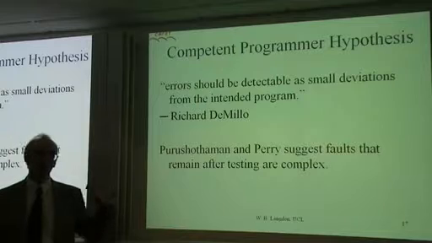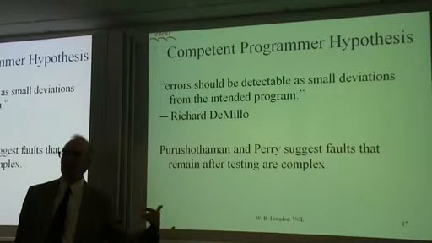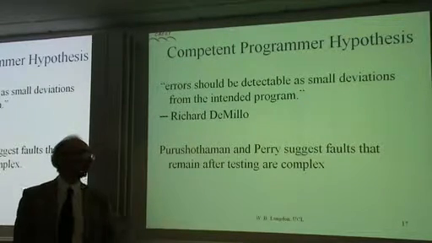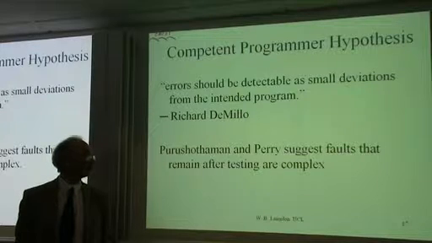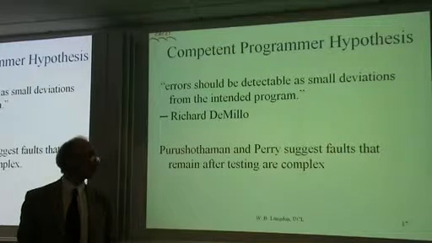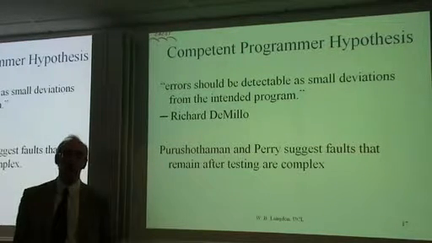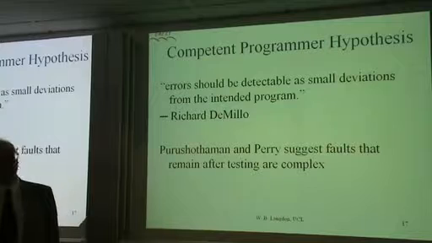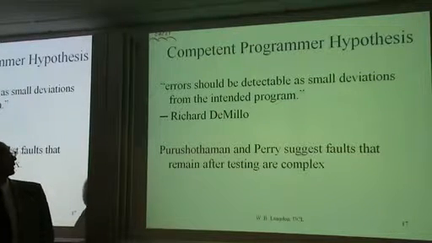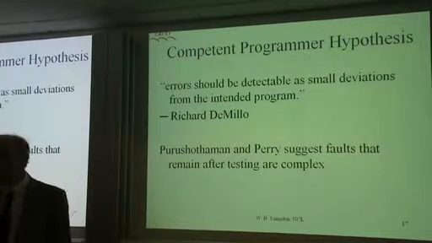And what they found was that overwhelmingly the bugs that remained after testing required multi-line fixes. So in our view, the serious bugs actually correspond more to higher order mutants than they do to first order mutants.